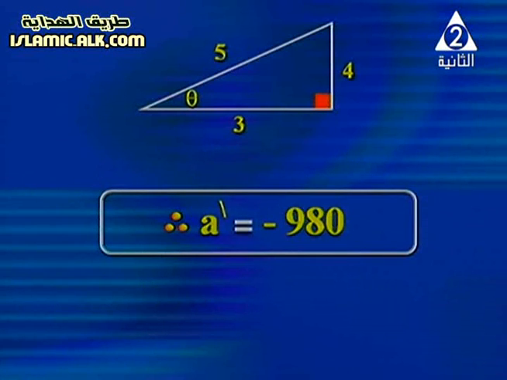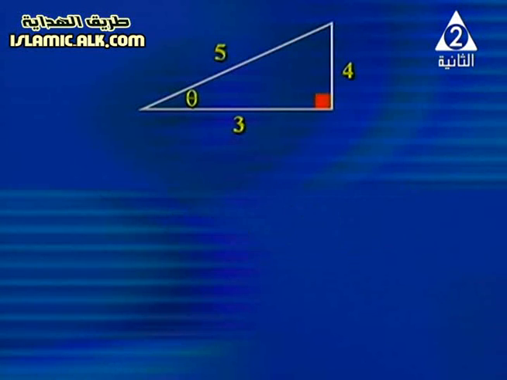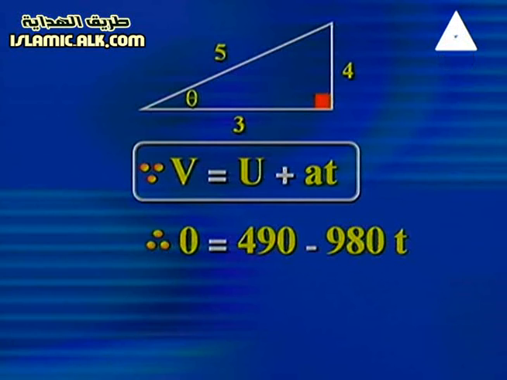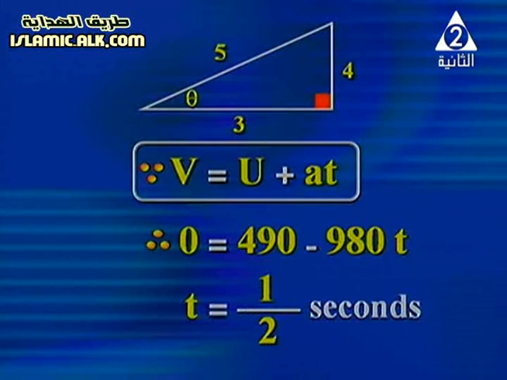Then the acceleration becomes negative 980 centimeter per second square. After that, since v equals u plus at, by substitution v equals 0 and acceleration negative 980 to find the value of t, then t equals half second.